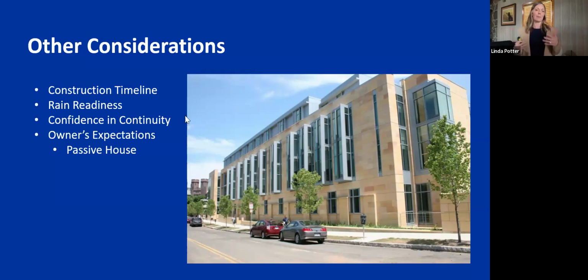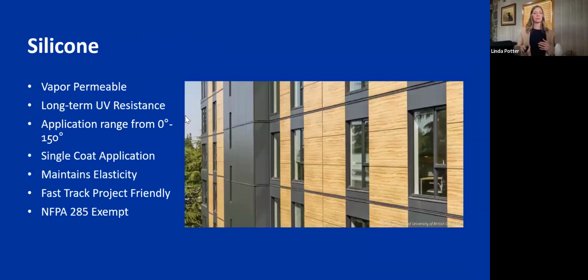What's our confidence in its ability to stay continuous, be installed continuously, but then stay continuous as that building is being used and lived in? What's our owner's expectation? Do we have passive house requirements? Do we have other things that are asking us for a more thermally efficient, higher performing building than maybe the next over?